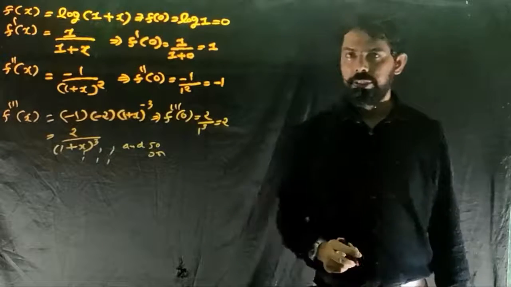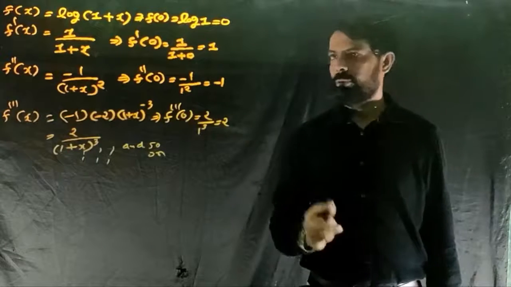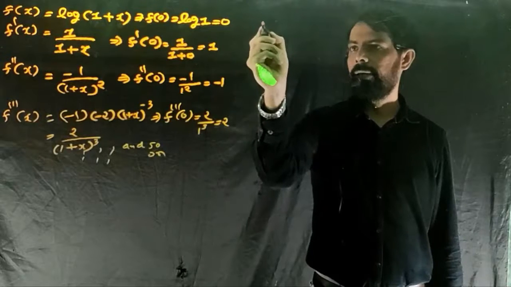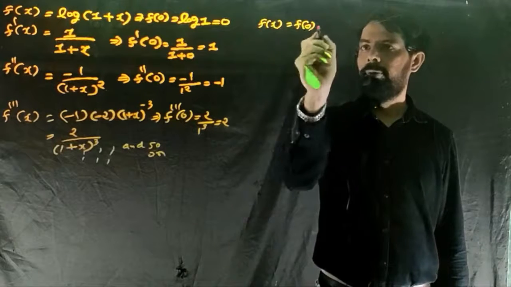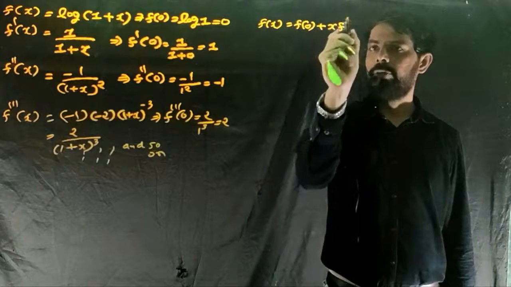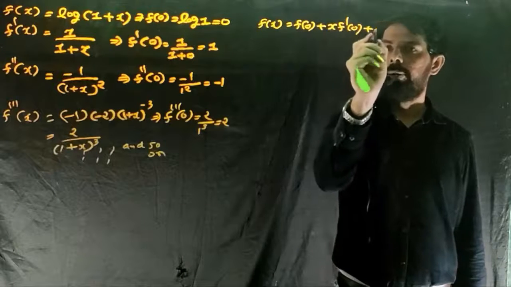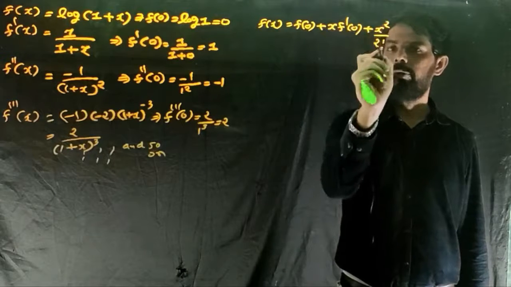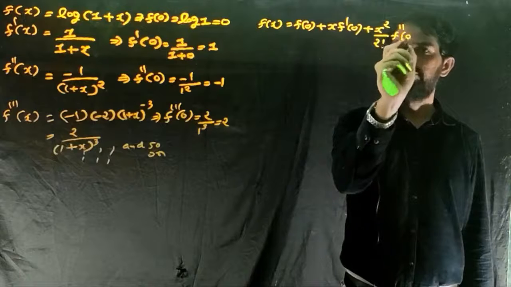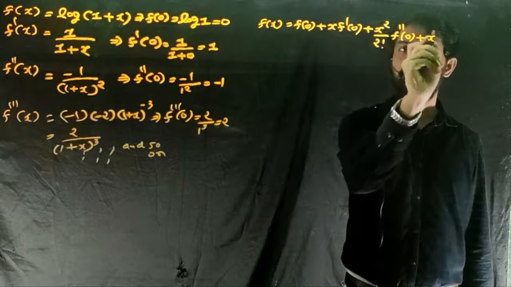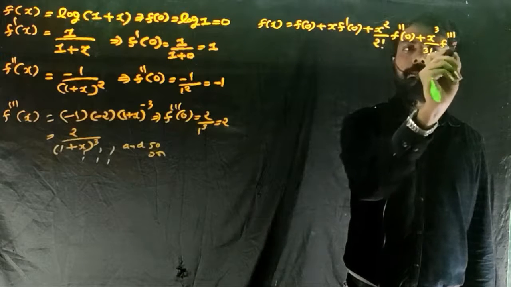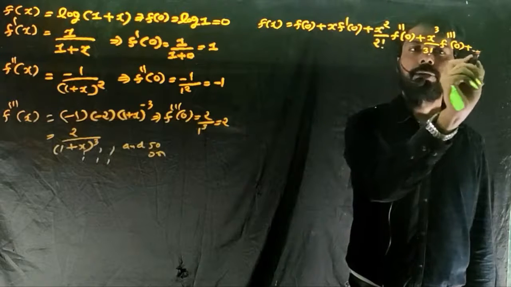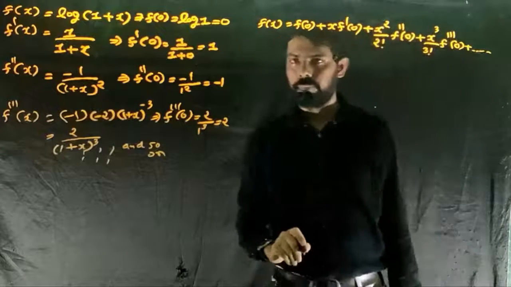Now by Maclaurin series. So Maclaurin series of function is given by f of x is equal to f of 0 plus x into f dash 0 plus x square by 2 factorial f double dash 0 plus x cube by 3 factorial f triple dash 0 plus so on.